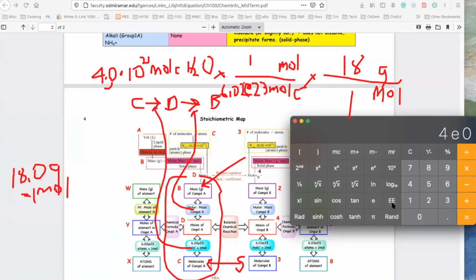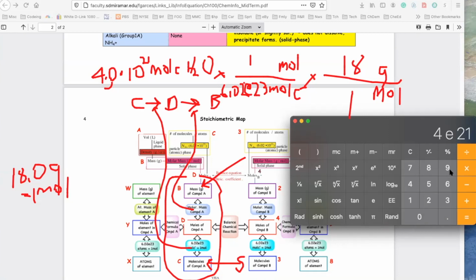That'll give you the exponent. And then I'm going to put 21 because that's my number. That right there is 4.0 times 10 to the 21st. You should find in your calculator a double E or an EX key. Use this because this is part of making the number an exponent.